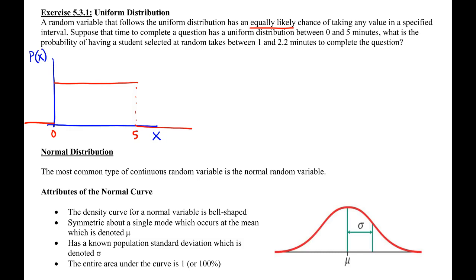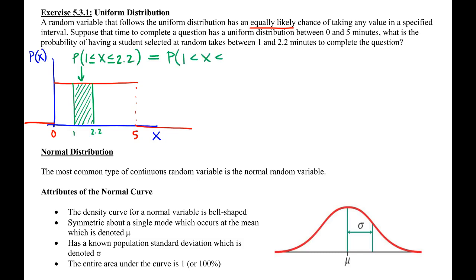Now we want to know about being between 1 and 2.2. Pretend those are actually where they should be. So this is the probability that our x is between these two values. Just to throw out here, it doesn't matter if I use greater than or equal to's or greater thans when we talk about these.